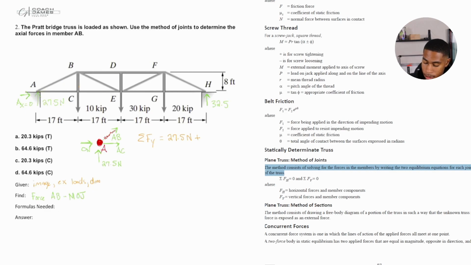Okay, so the last thing that we need is AB, and then what is our value that we need to multiply it by?